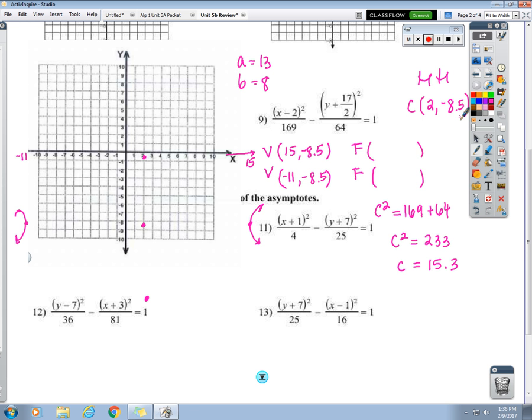Which will not affect this number. That's up and down. So that will stay negative 8.5. If that were on the test, it would be negative 17 over 2 though, right? So from 2, if you go right 15.3, where will it land you? 17.3. And then from 2, if you go left 15.3, where will it land you? Negative 13.3.